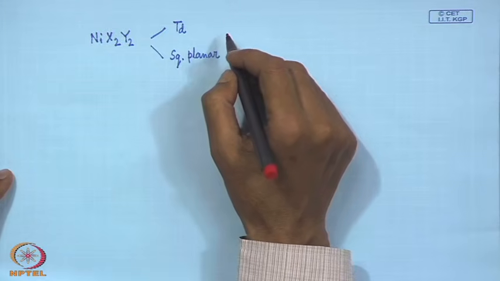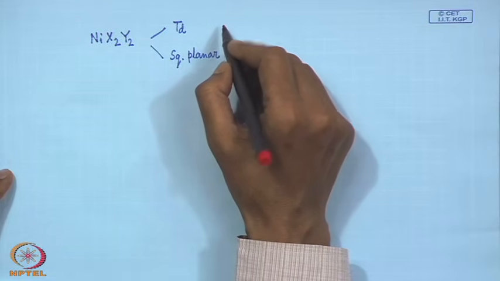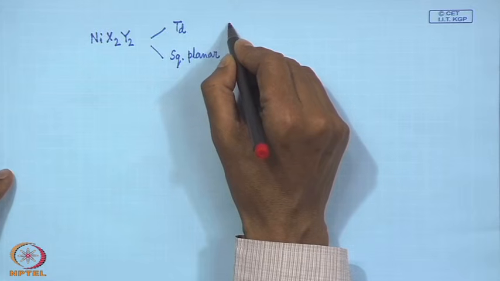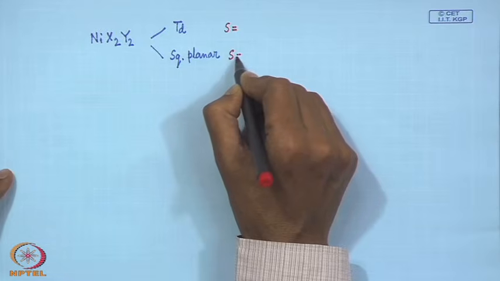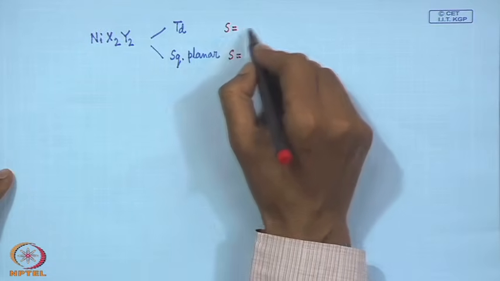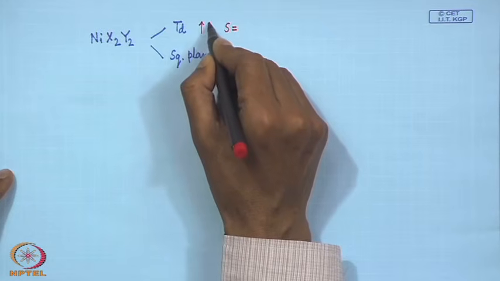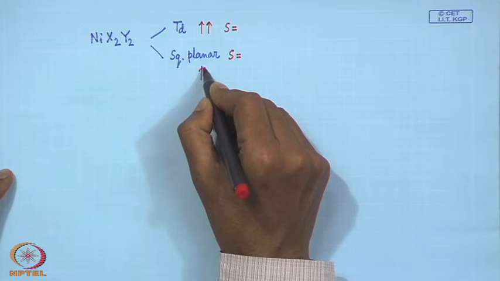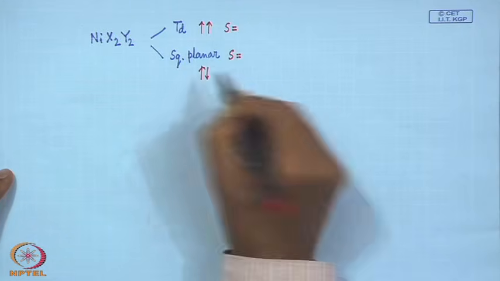We will find in all these cases the number of unpaired electrons would be different. So, we can have S equal to some value here, and S equal to some other value there. In case of tetrahedral geometry we have 2 unpaired electrons, but here all the electrons are paired.